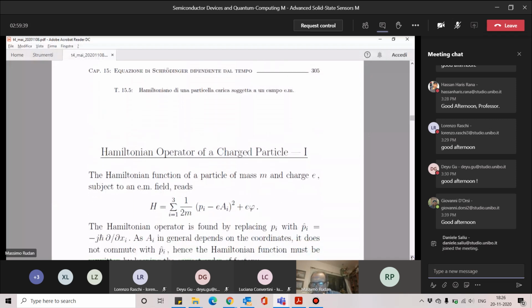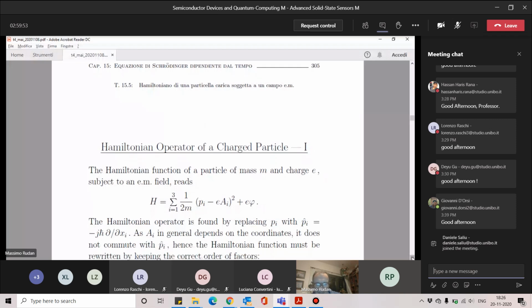Okay, we shall not consider the case in which the Hamiltonian is related to a charged particle.